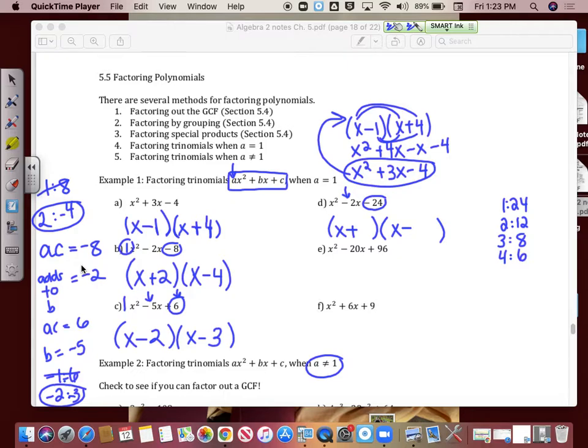But hopefully you're at the point in your math career that you can kind of cross out numbers that wouldn't make sense. Like 1 times 24 is 24, 2 times 12 is 24, 3 times 8 is 24, 4 times 6 is 24. That's the way factors work. You multiply the factors and they equal the number that you were just factoring.